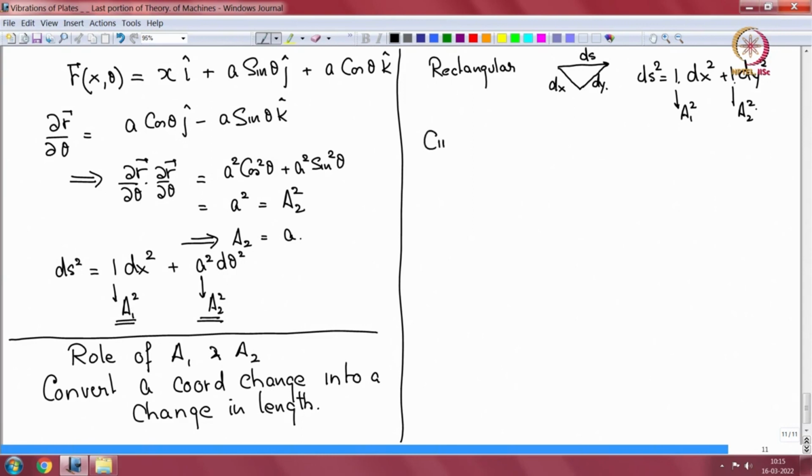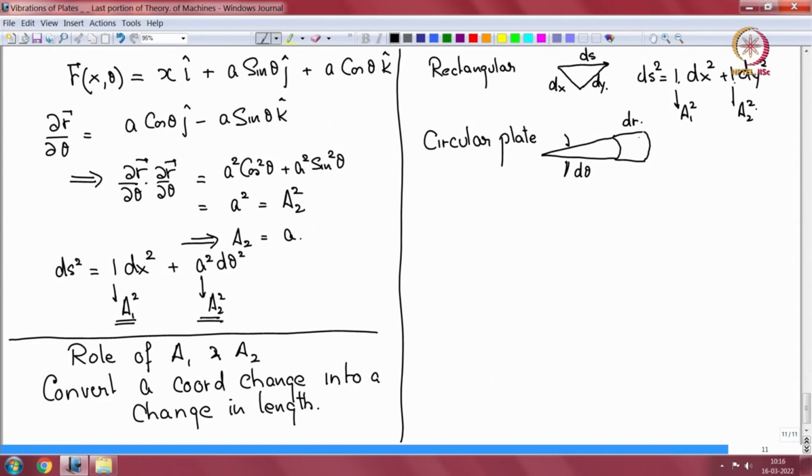Whereas in the circular plate, we have an r, and then we have dr. So this is d theta and this is dr, which is the radial length.